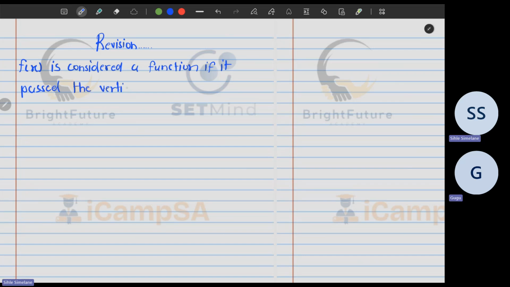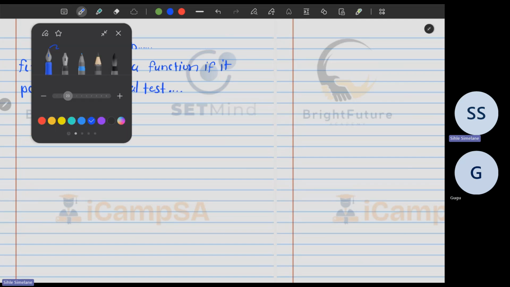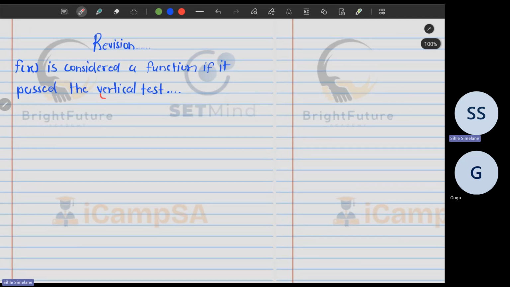So that is what you need to do. You need to restrict such that we pass the vertical line test. And with the vertical line test, all we are saying is that if we draw a vertical line, it should touch the graph once. That is what we are saying.